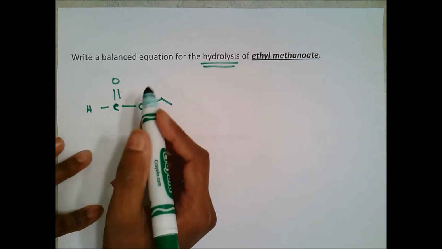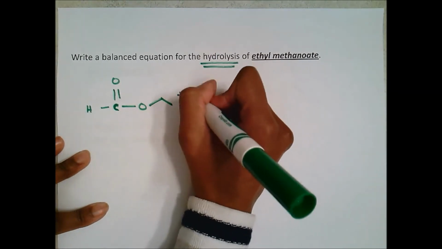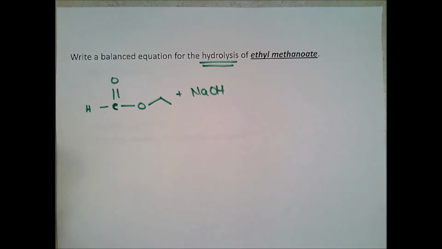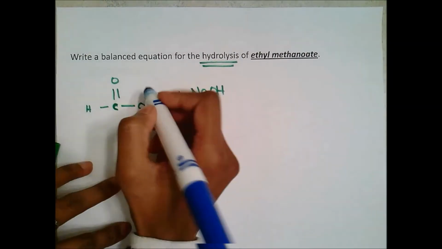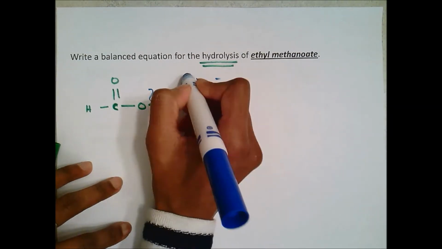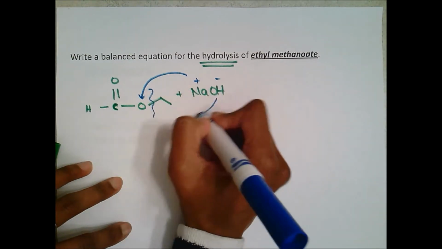If I'm trying to undergo a hydrolysis, that means I technically would have added, let's say, sodium hydroxide. So we're going to identify that this bond is going to break. The sodium gets added to the oxygen, and the rest of our molecule gets the OH.